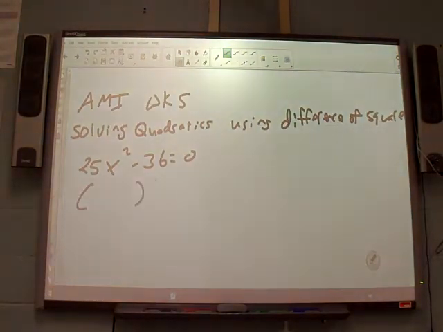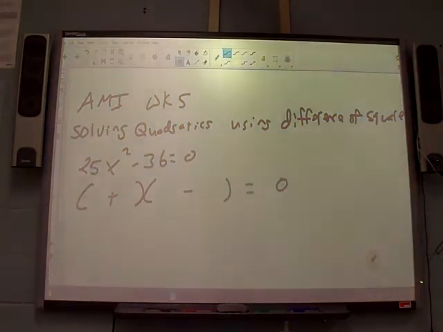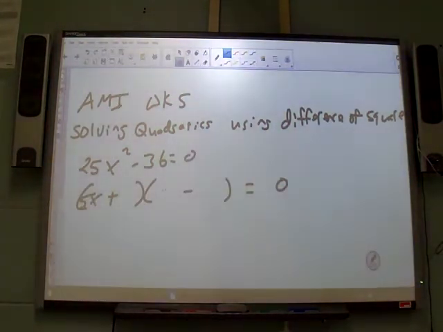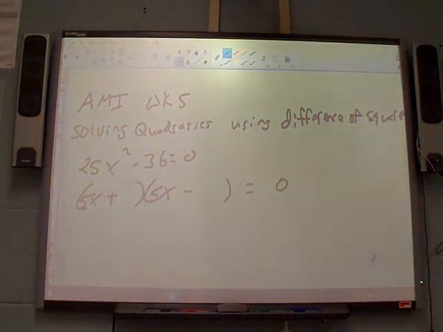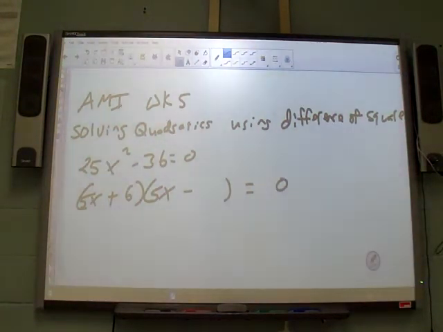And when we talked about difference of squares earlier in the year, we knew that in order to get that negative there, one of them had to be a positive and one of them had to be a negative. What times itself gets us 25x squared? 5x. Just did the square root of 25 and the square root of x squared. What times itself gets us 36? 6.